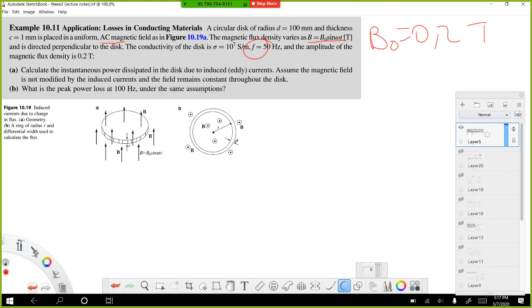So we need to calculate the instantaneous power dissipated in the disk due to the induced currents, due to the eddy currents. Assume the magnetic field is not modified by the induced currents and the field remains constant throughout the disk.